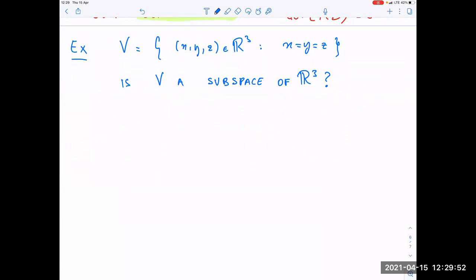So 0 belongs to V, it is a necessary condition, but it's not sufficient, right? Walter Ghirotti, be careful. So what do we need to do to be sure that it is a subspace? We need to check S1 and S2.